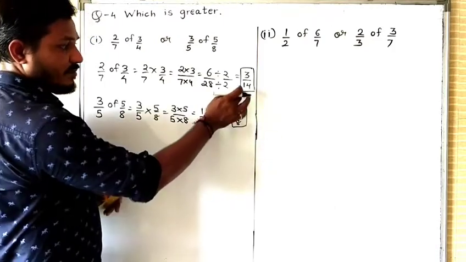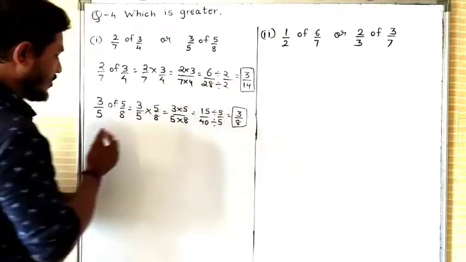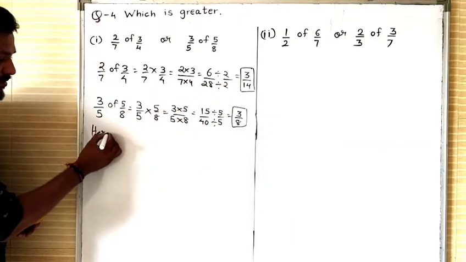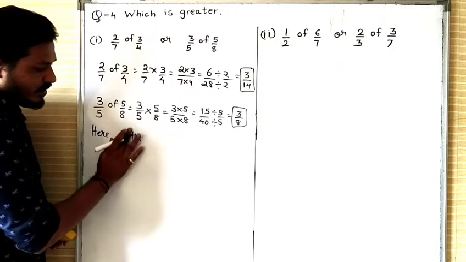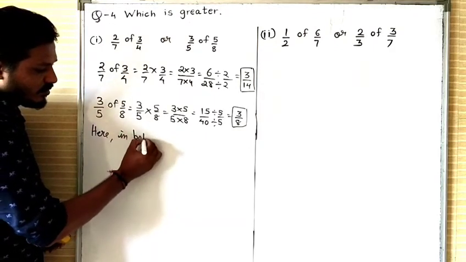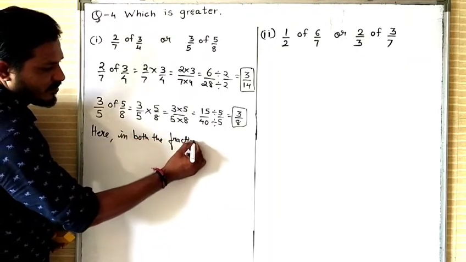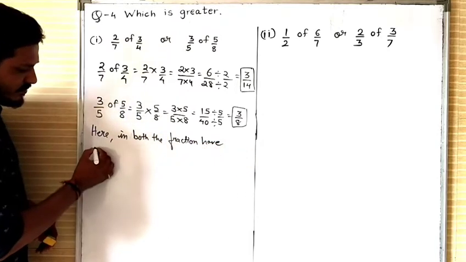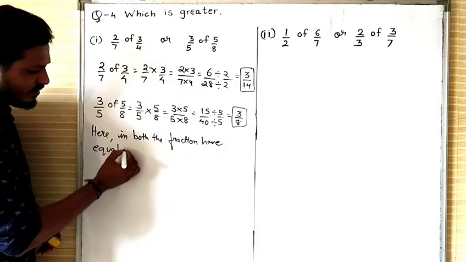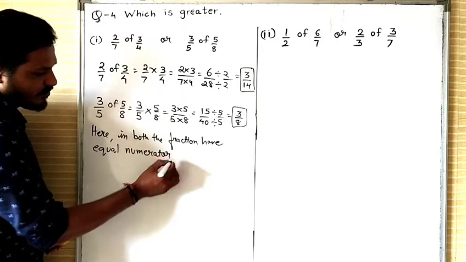That means, between the two fractions, the one whose denominator is smaller is greater. So first you have to write a statement here. In both the fractions have equal numerator.